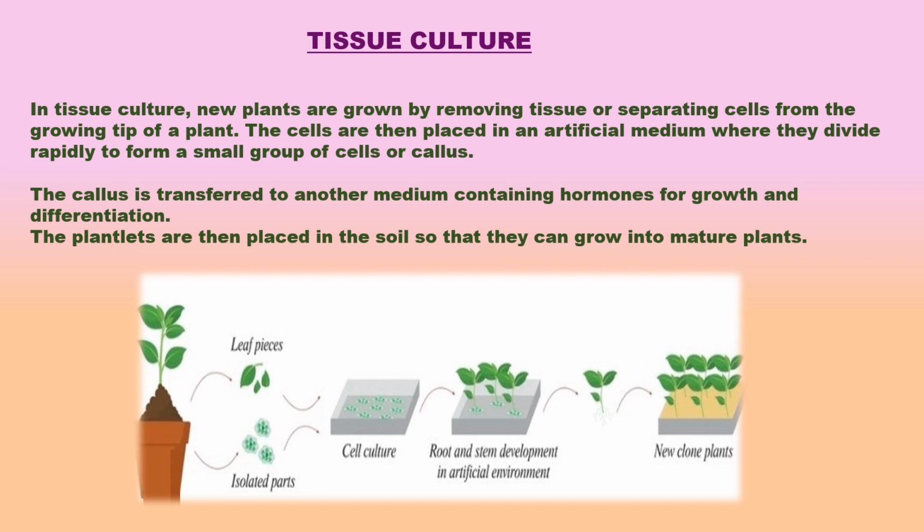The callus having roots and shoots separates into tiny plantlets. In this way, many tiny plantlets are produced from just a few original plant cells, or tissue. The plantlets thus produced are transplanted into pots or soil where they can grow to form mature plants.